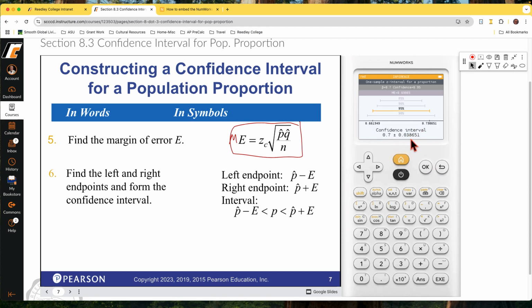It has added and subtracted that margin of error, again about 4%, 0.03865. Added, we get 0.73865. Subtracted, 0.6613. So we have our plus or minus, we have our confidence interval. What this is saying is that we are 95% confident the population proportion is between 66% and almost 74%. We just kind of round those, right?